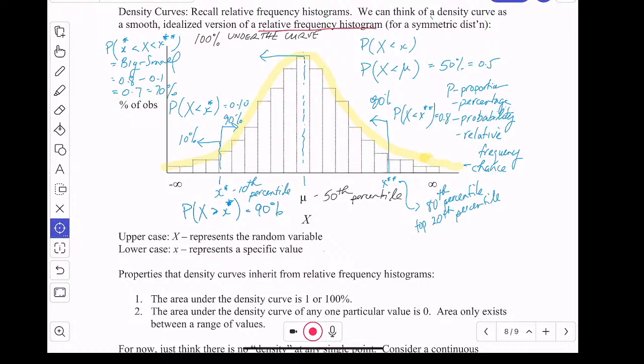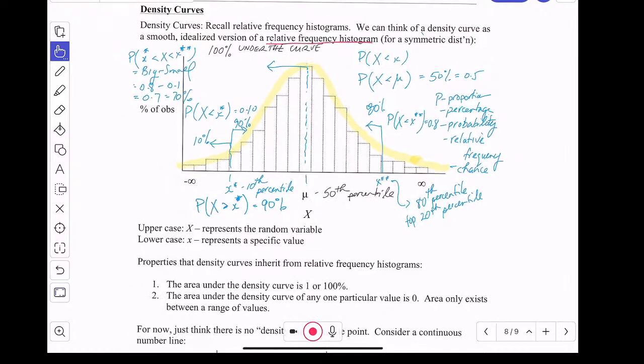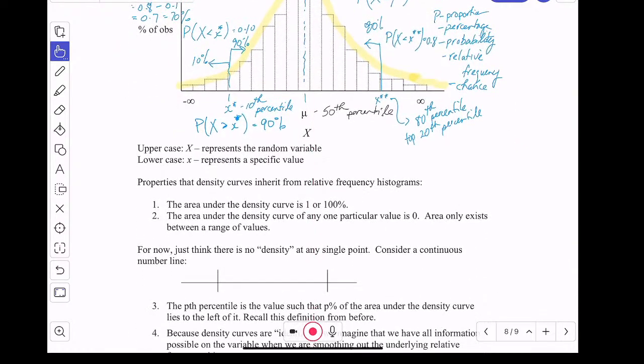But area at a point, density at a value, is always seen as 0. So the probability that x equals a particular value, like 60, is 0. Okay, there's no density at a point.